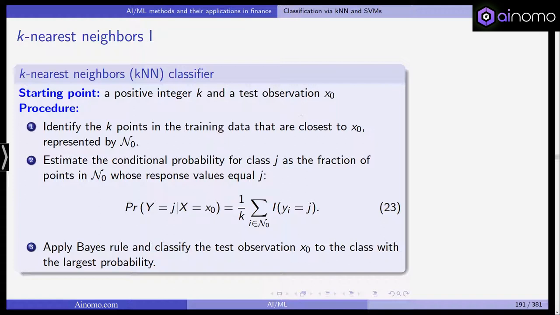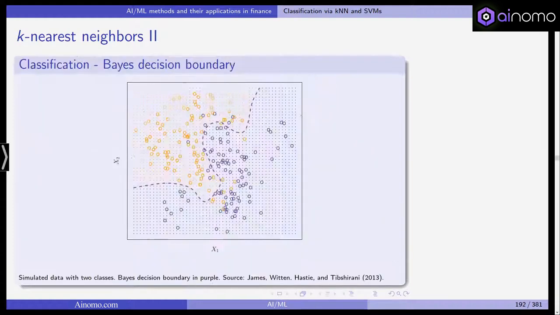We then apply Bayes rule and classify the test observation x0 to the class with the largest probability, because we've now estimated these probabilities.